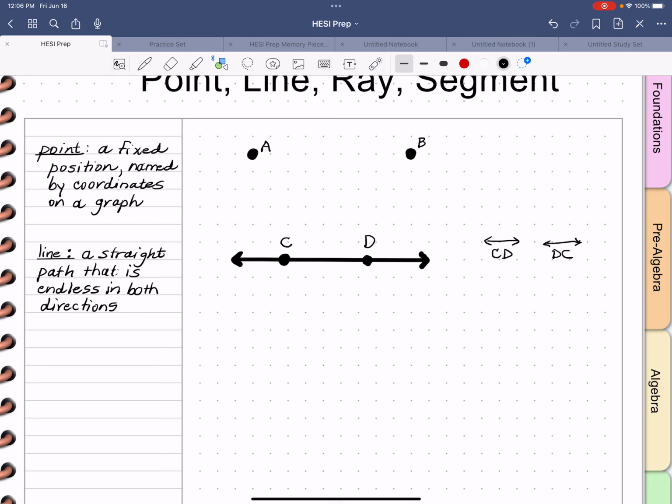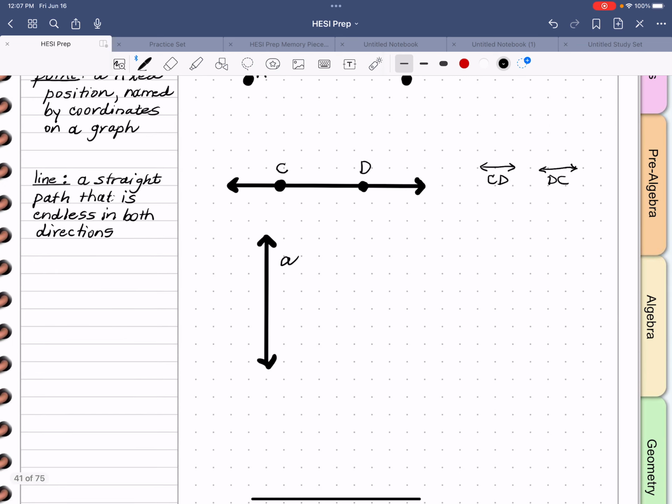You can also name lines just by letters. So for example, this one needs to be perfectly straight, and that's leading me to my next point here in just a second. So we could just call this line A. Very often if it's done that way, they will be lowercase letters, so that would be line a.